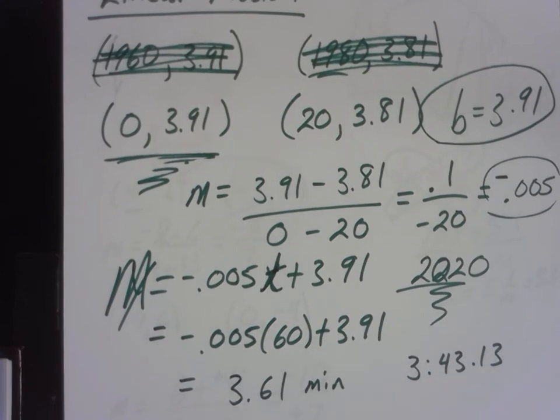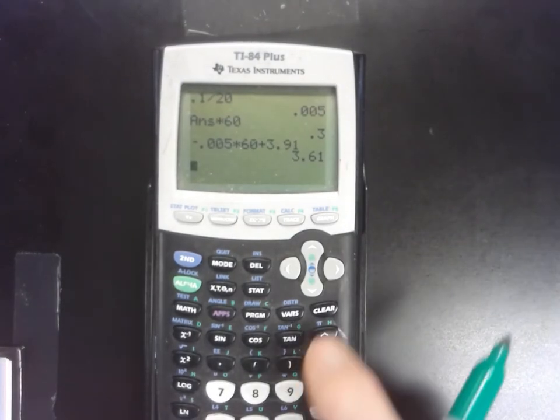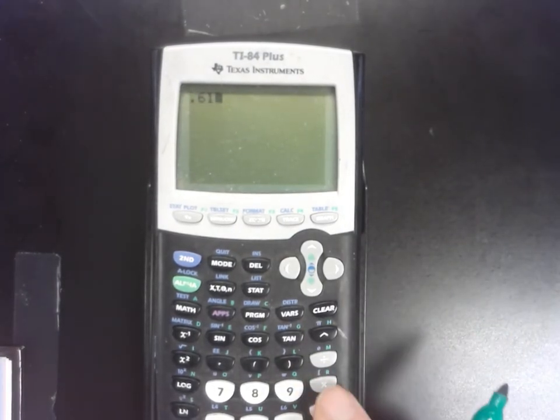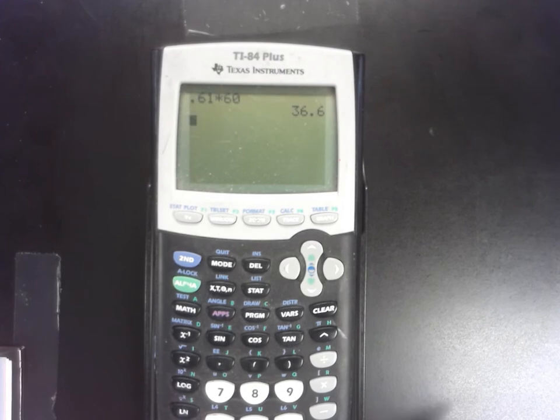Kind of hard to know what's going on there. But if we take 0.61 and multiply it by how many seconds in a minute? 60. That's 36 seconds about. Okay?